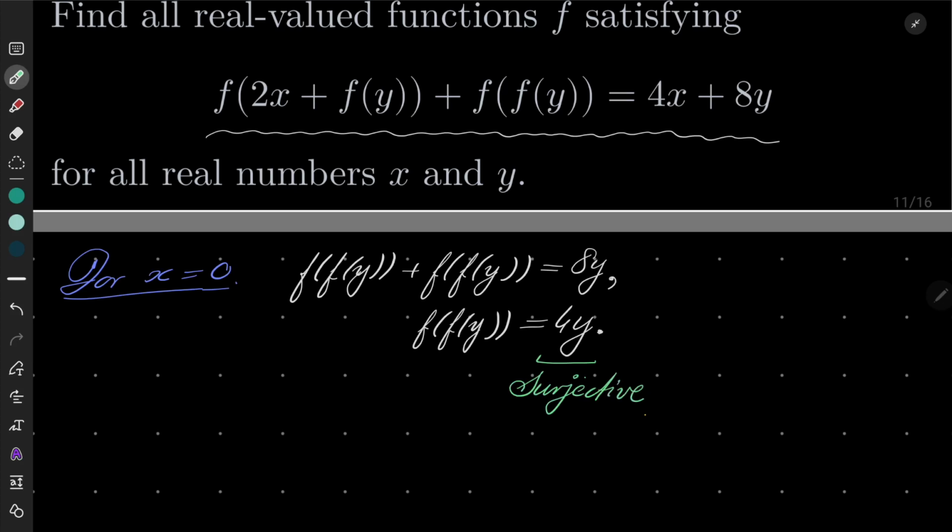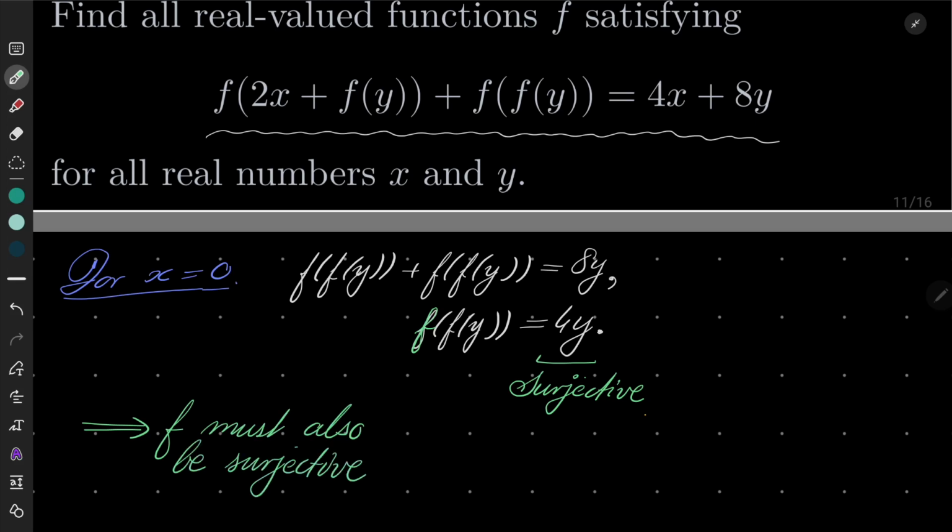This function is surjective, so the outer function on the left-hand side, namely f, must also be surjective. So it's a function from the set of real numbers onto the set of real numbers.